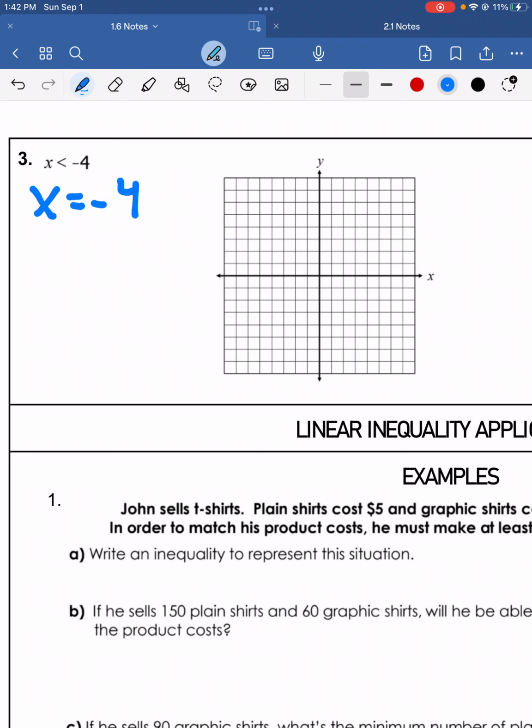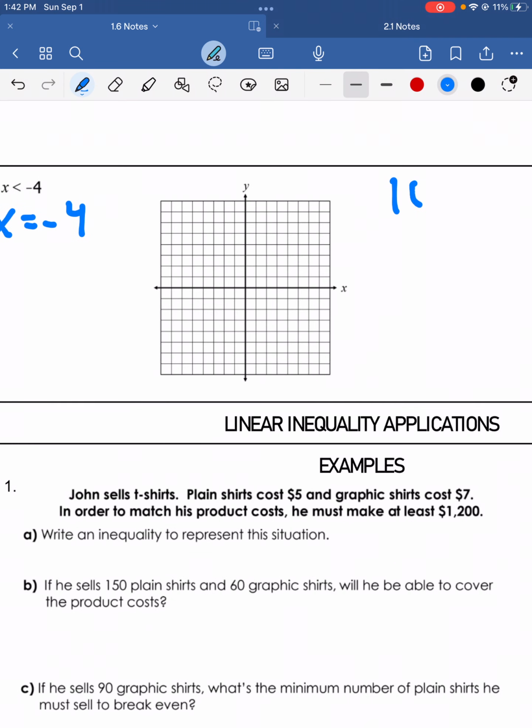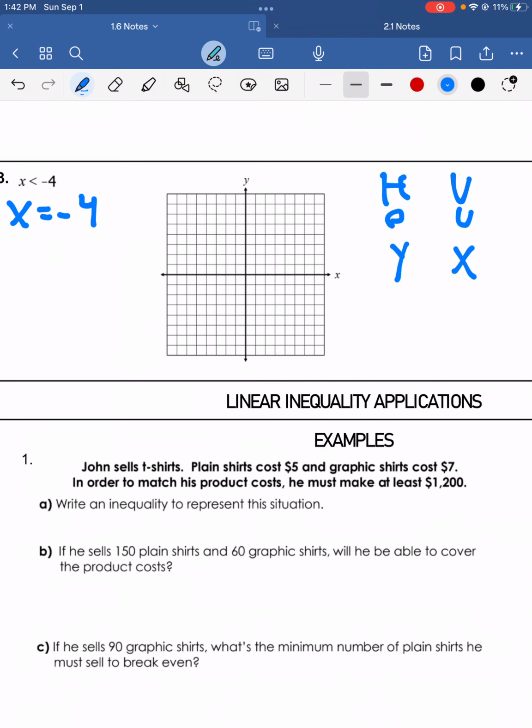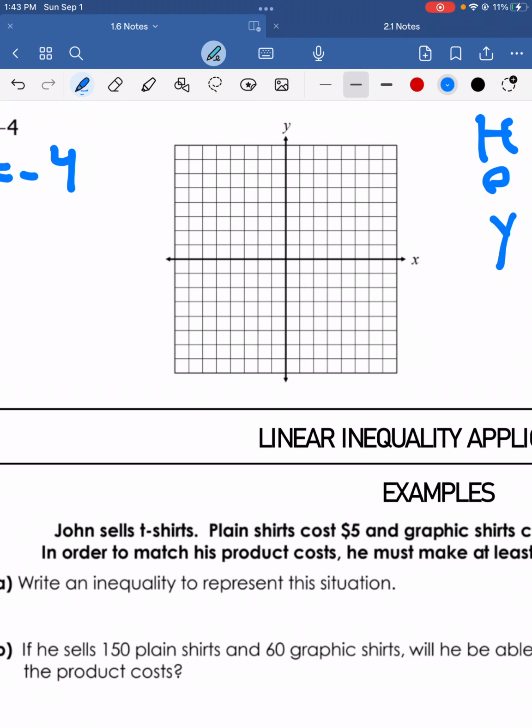I taught you the trick last time to help you remember, if you see an x in an equation, if it is x equals a number, remember it's vertical. So this is going to be a vertical line at -4. So we're going to go to -4, and we're just going to draw a vertical line.